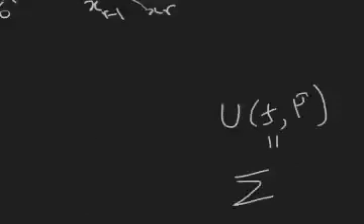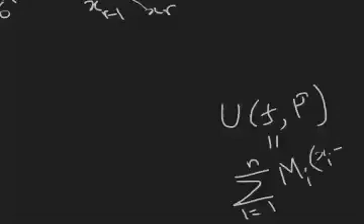This sum goes from i equals 1 to n, M sub i times x sub i minus x sub i minus 1. So this is the upper sum of f corresponding to P.